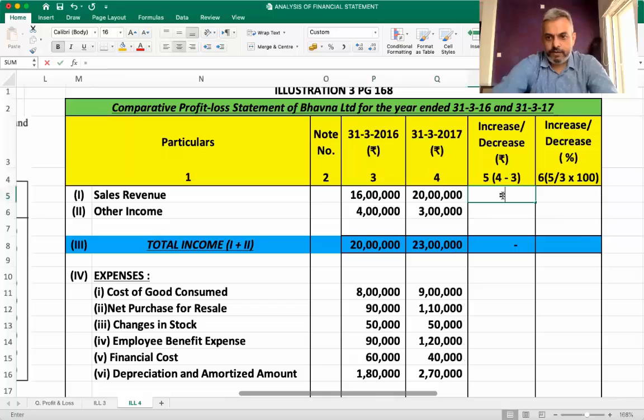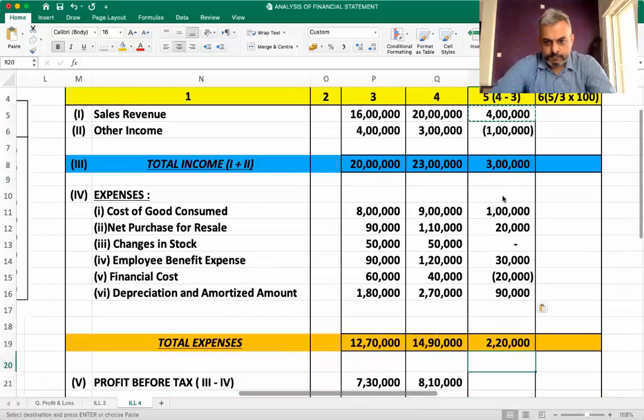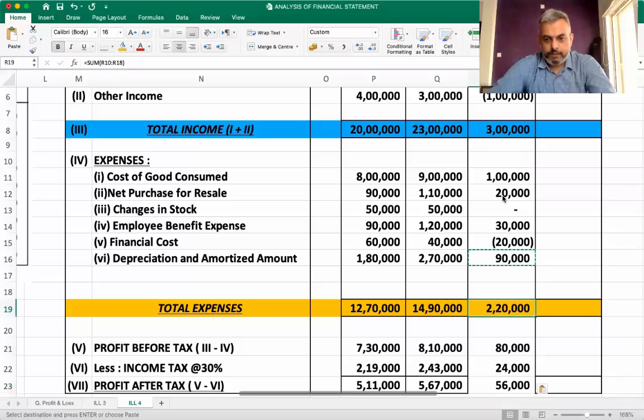Now let's go for increase or decrease. So increase is current minus previous. So 4 lakh, 1 lakh. Do this for all the expenses, then profit before tax and profit after tax.